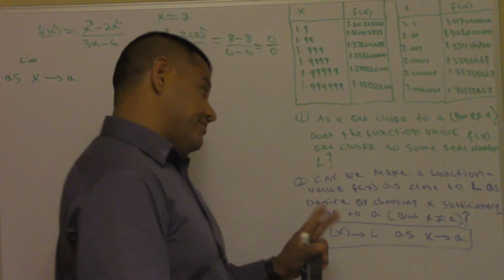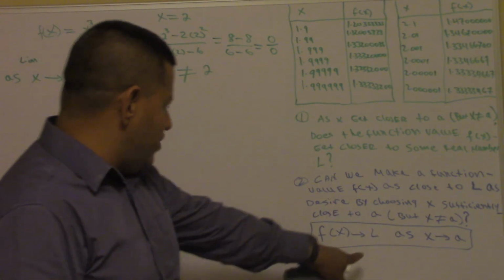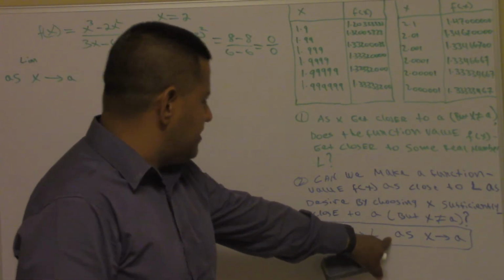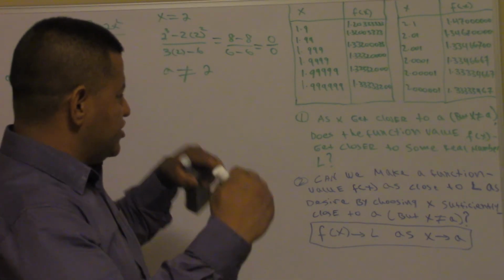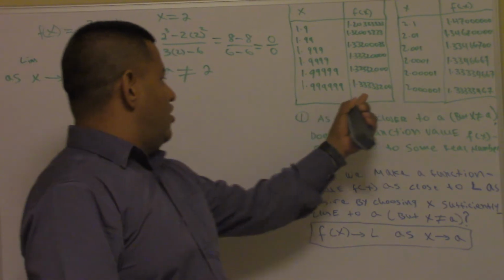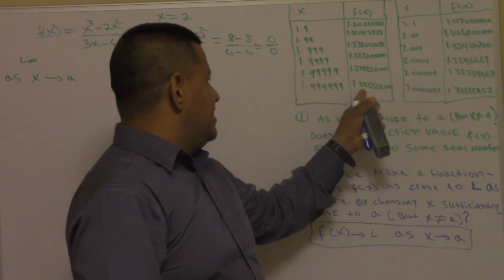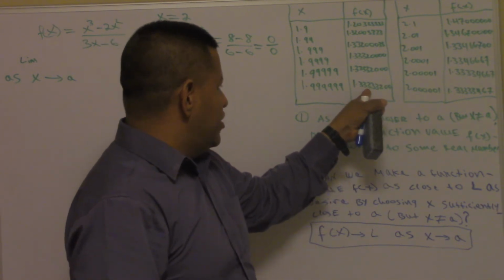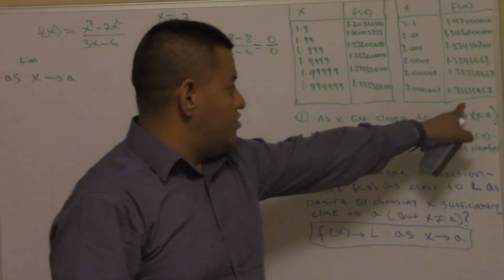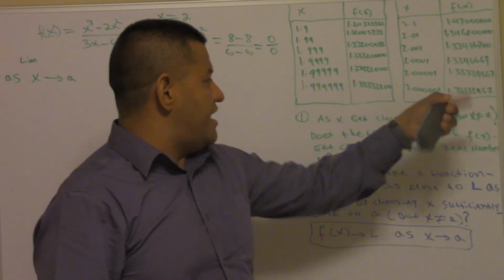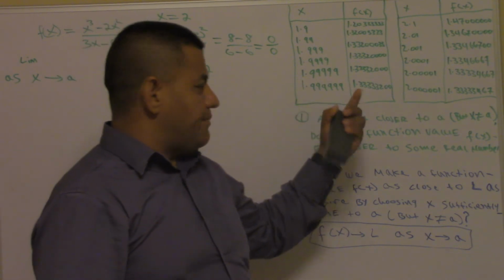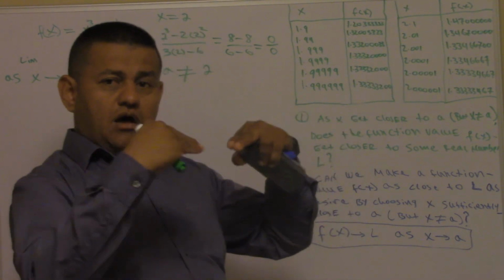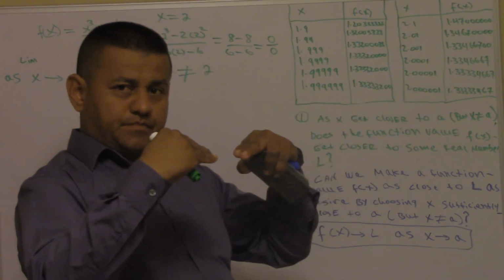Okay, so now we know that that definition works for this problem, because I am approaching a certain number. Matter of fact, you can leave this number as it is, or you can round it off to two decimal places, and you got enough numbers on both sides to make those numbers equal, right? The number L is approaching the same number on both sides.